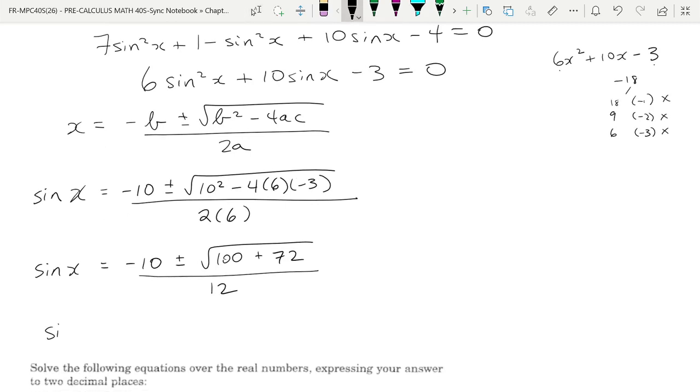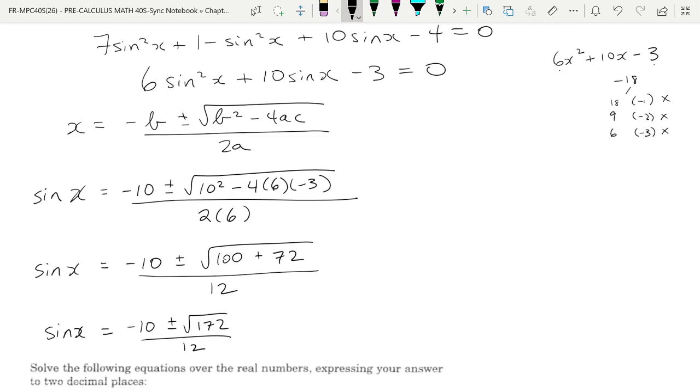So the sine of x is, and I get two answers here, right? Sine of x is negative 10 plus or minus the square root of 172 over 12. And I can feel good about myself. The fact that 172 is not a perfect square means I was correct in my assumption that this didn't factor.